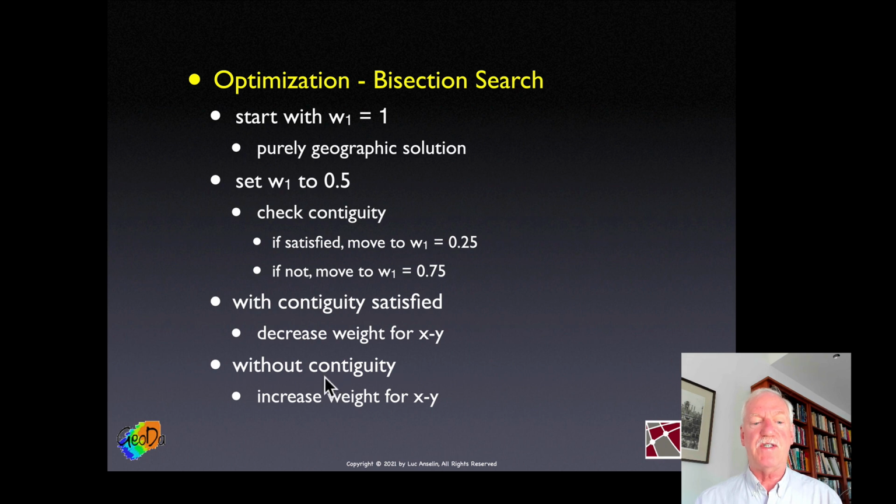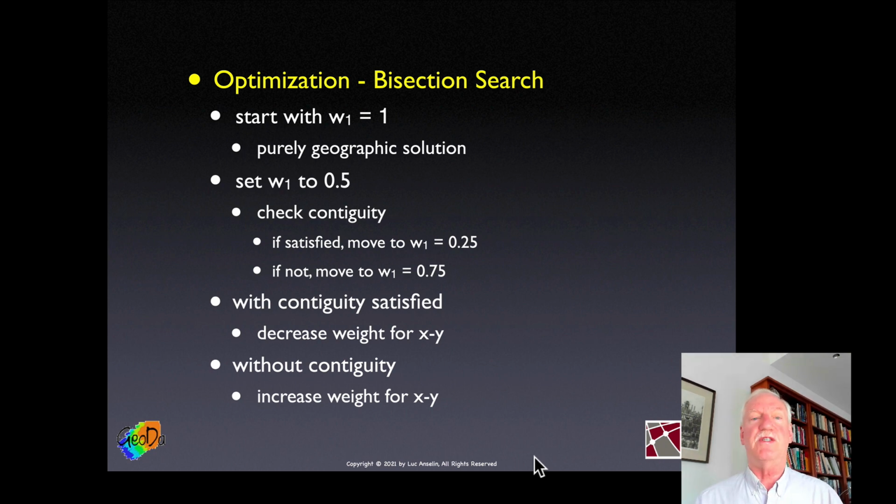If we don't have it satisfied, then we make the weight for x and y larger. By doing this, we can move towards the solution that has the smallest weight for x and y, and therefore the largest weight for the actual attributes, and satisfies contiguity.